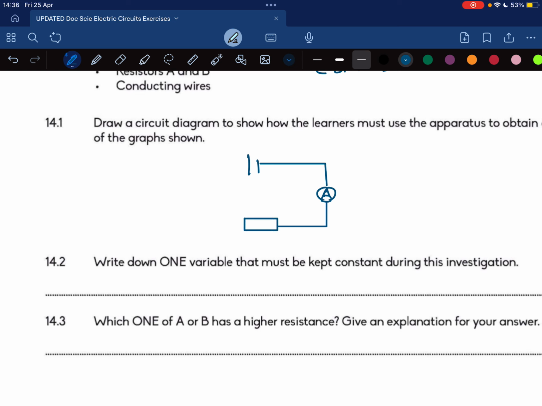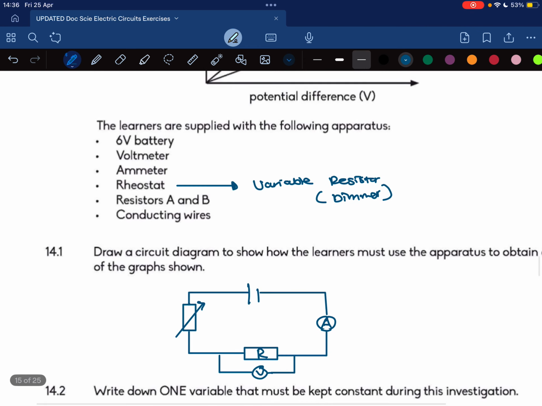So there's a resistor, we'll call it R, and then there's a voltmeter. Okay, it doesn't matter which direction your voltmeter goes in. And then remember that they add a variable resistor as well, a rheostat. So that just looks like a normal resistor with an arrow through it. And then it will end. Okay, that's everything that we need.